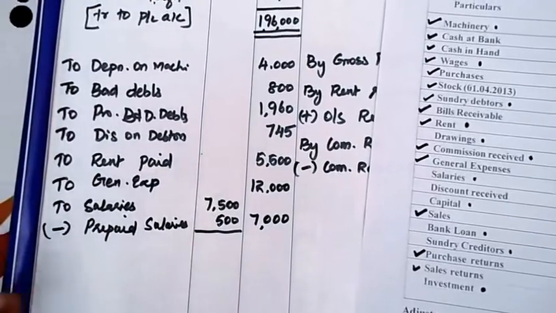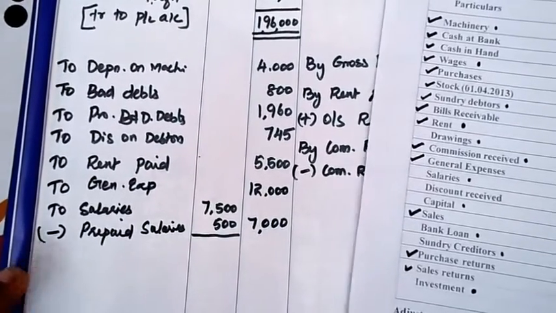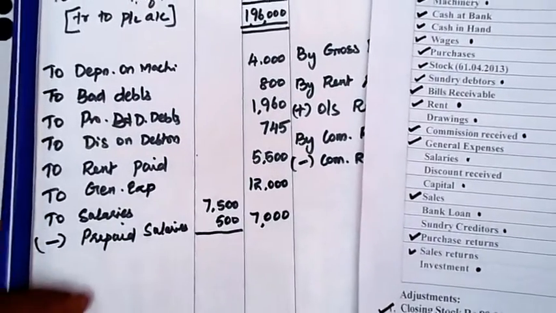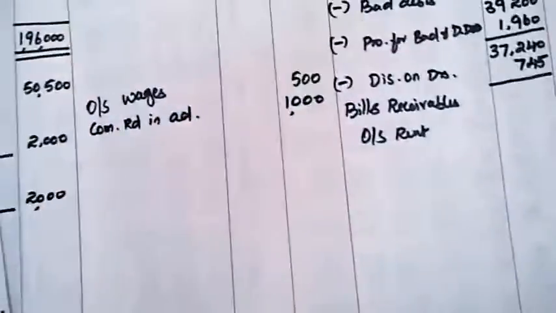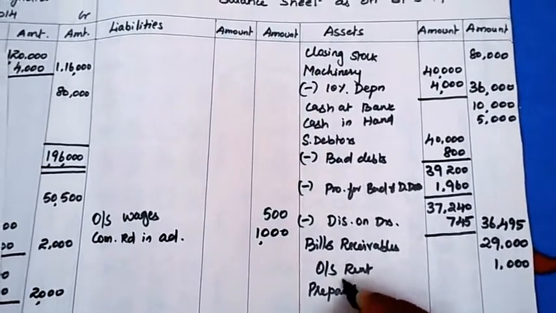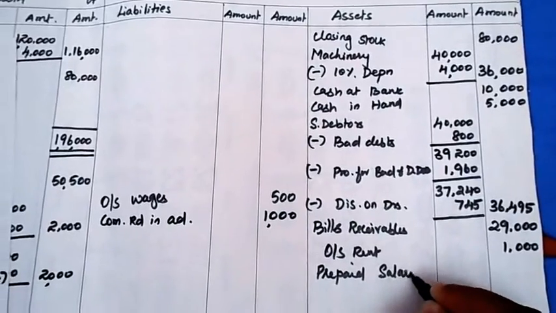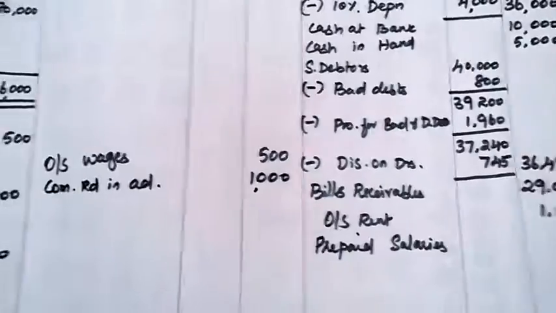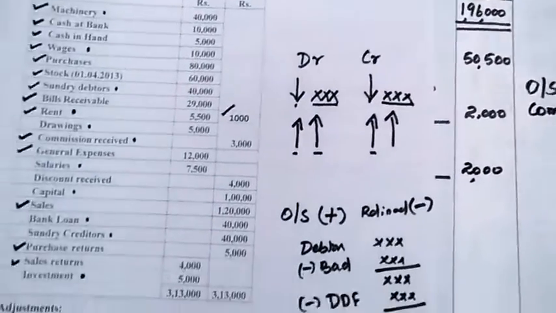Debit side, because it reduces the debit, no? You need to enter this amount under debit side of balance sheet. So in balance sheet, debit means asset side. Asset side. Prepaid salaries, 500 rupees.